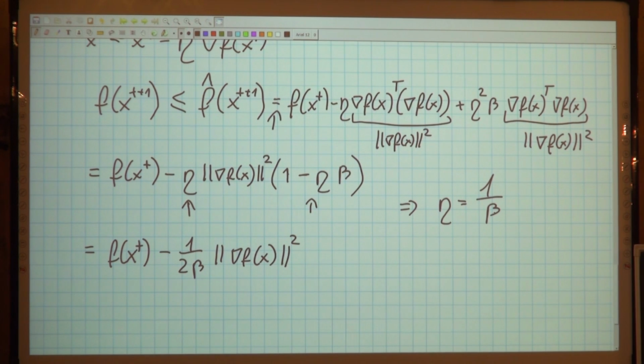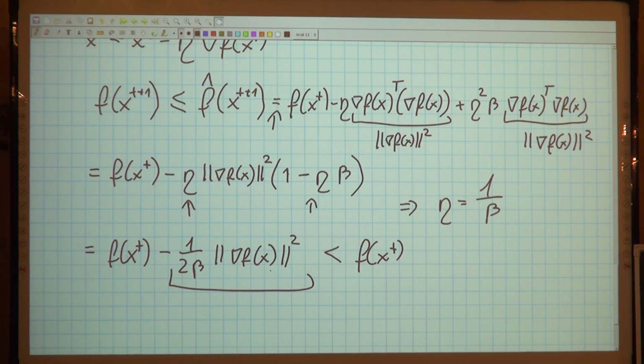Since the norm of the gradient is positive, you are always making progress. So this is strictly smaller than f of x_t, and the progress is proportional to the norm of the gradient and inversely proportional to the smoothness. But then it will be 0. Sorry?